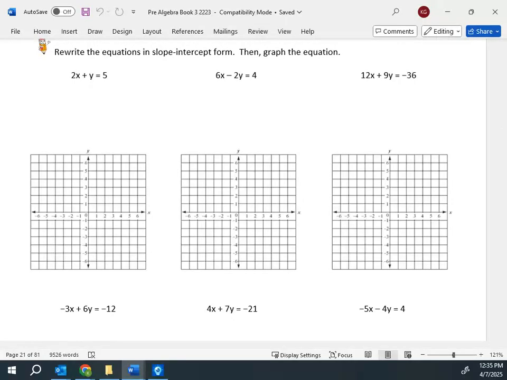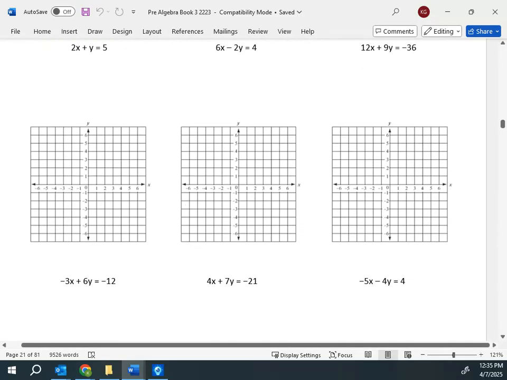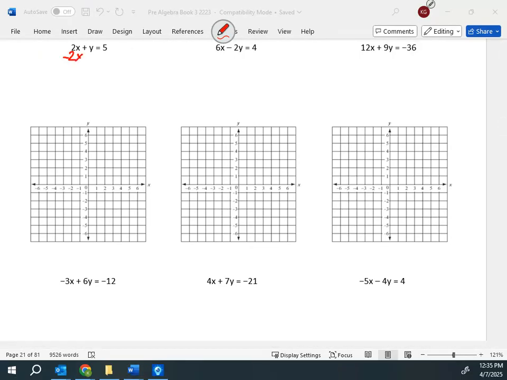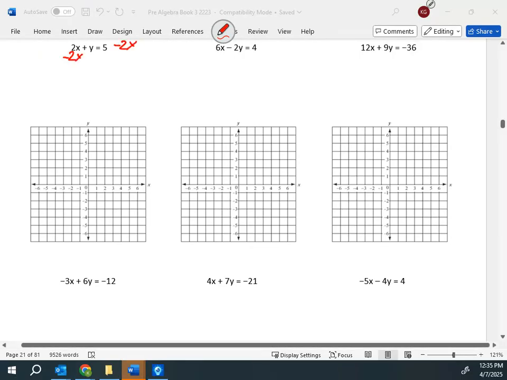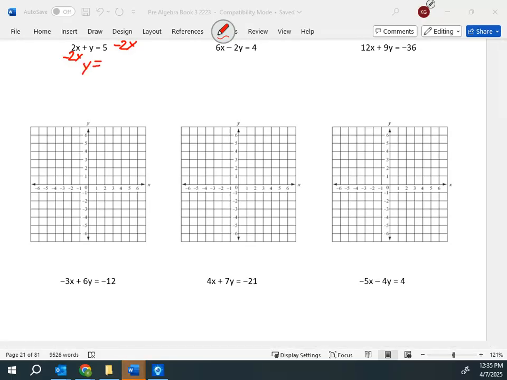Guys, it's not doing anything we don't know how to do. Okay? So we're gonna rewrite it just like we rewrote it on the front page. So we are going to move our x over with opposite operations. So plus y leaves me with a y equals negative 2x plus 5.